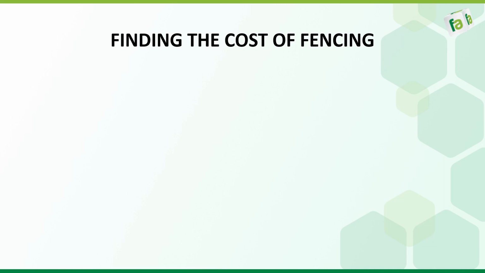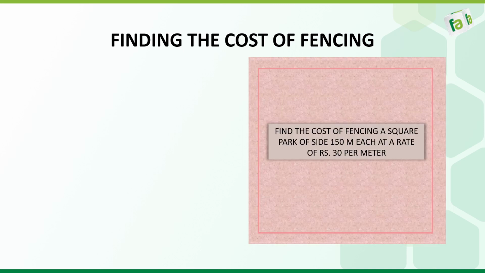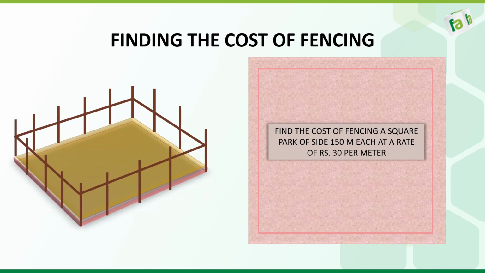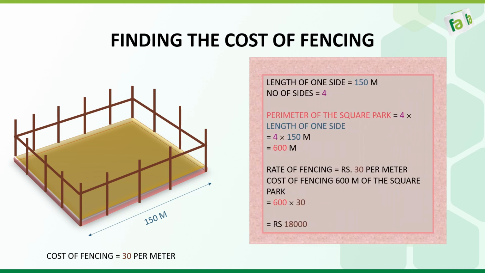Now, let's find the cost of fencing. Find the cost of fencing a square park of side 150 meters each at a rate of rupees 30 per meter. Let's find the answer. Length of one side is equal to 150 meters.